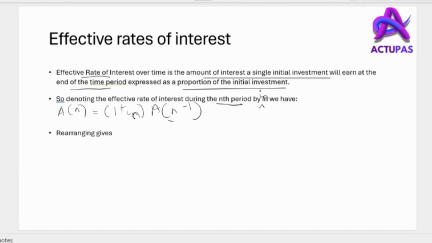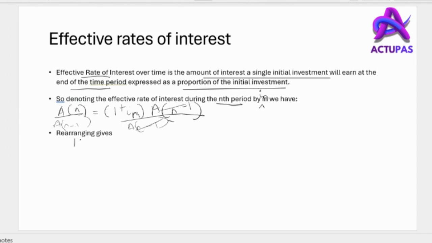So we can rearrange this by dividing both sides by A(n minus 1). This will cancel out.